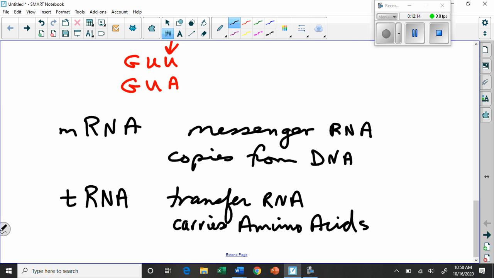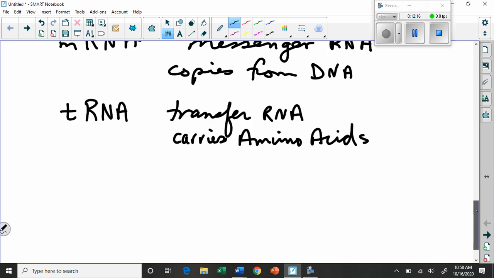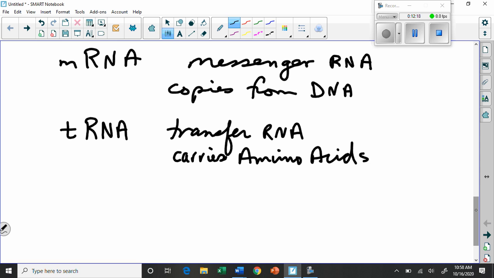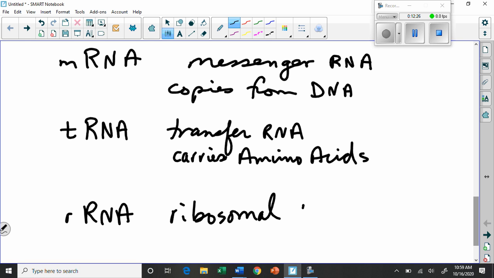And then, lastly, we have what's called ribosomal RNA, or rRNA. Ribosomal RNA is RNA that is bound with proteins in the ribosome.